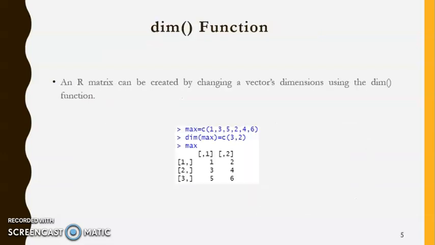Okay, let's go for another function that is again related to matrix. It is dim. Dim stands for dimension. And so, as you remember regarding the matrix, we said that when you have the same data, you can create many matrices out of that same data.